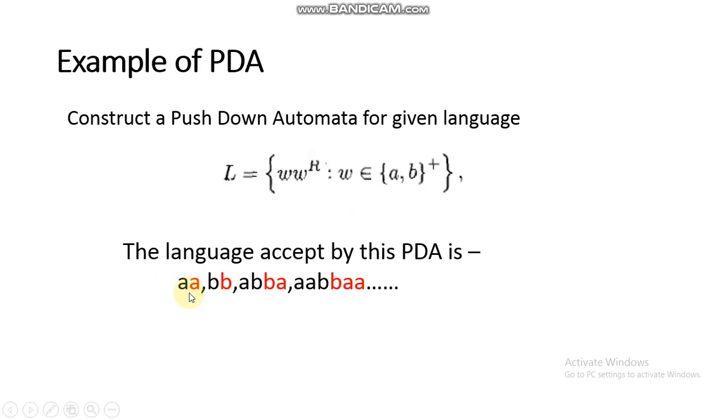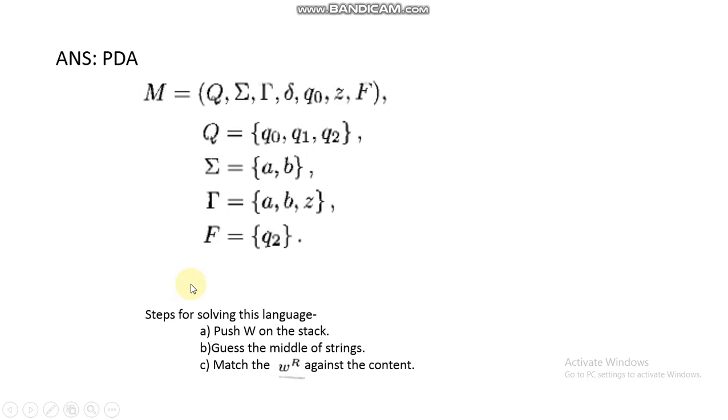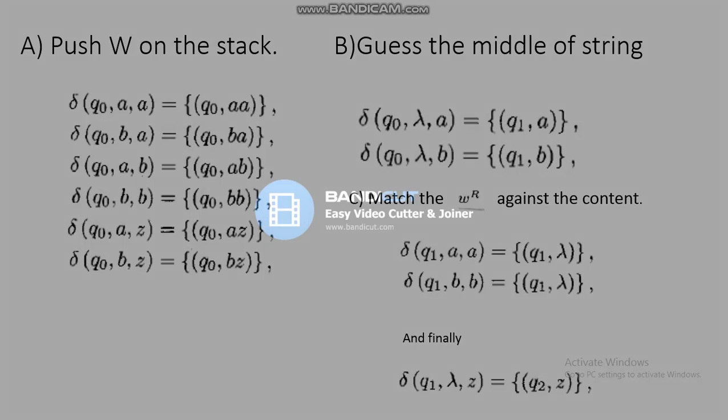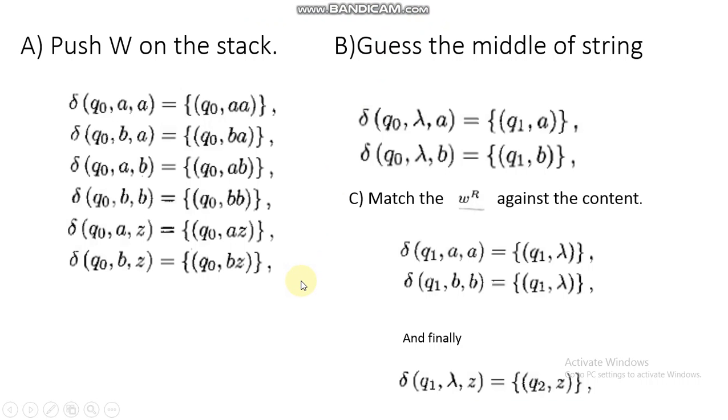After guessing the middle, we have to match the content of the stack and the reverse string. If the string is matched, then it is accepted by the PDA. These are the 3 steps which I have mentioned to construct the PDA for W W reverse.